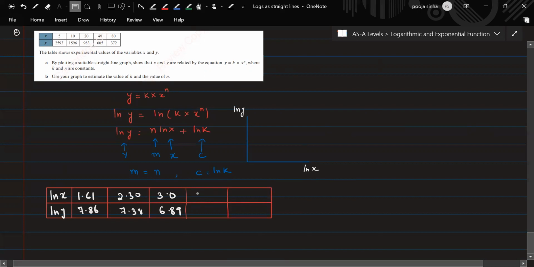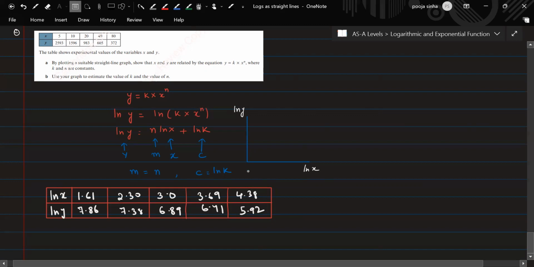Next, 3.69. Next, 6.41. Next, 4.38. Next, 5.92. Did we get all the values now?